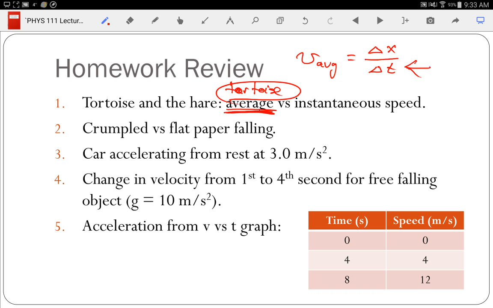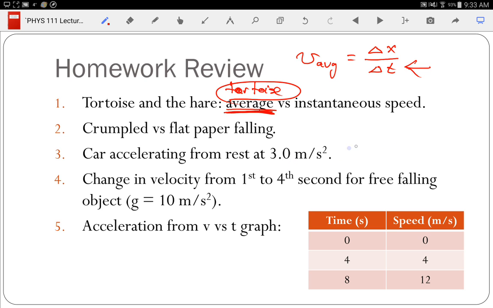Okay, the next one, car accelerating from rest to 3 meters per second squared. Most people got pretty close on this. There was at least a third of you who forgot to make the plots. Now, I caught a couple people and they took them back and made the plots, but others, I didn't have a chance to send you back, and so not having the plots was a little damaging to the grade.